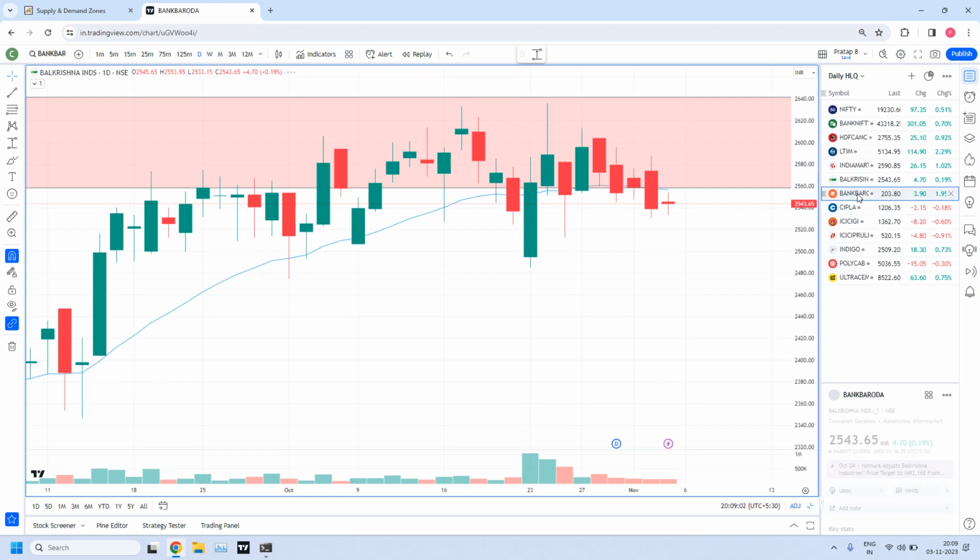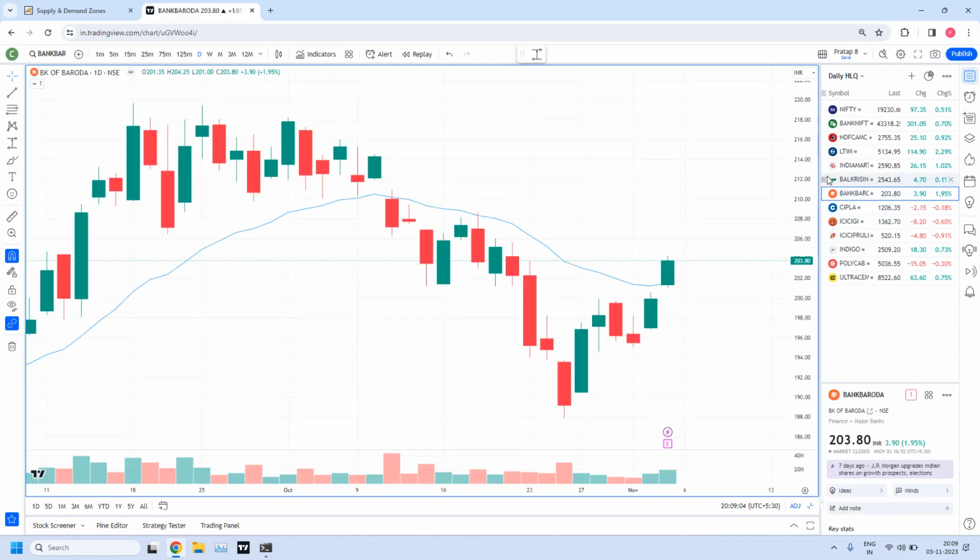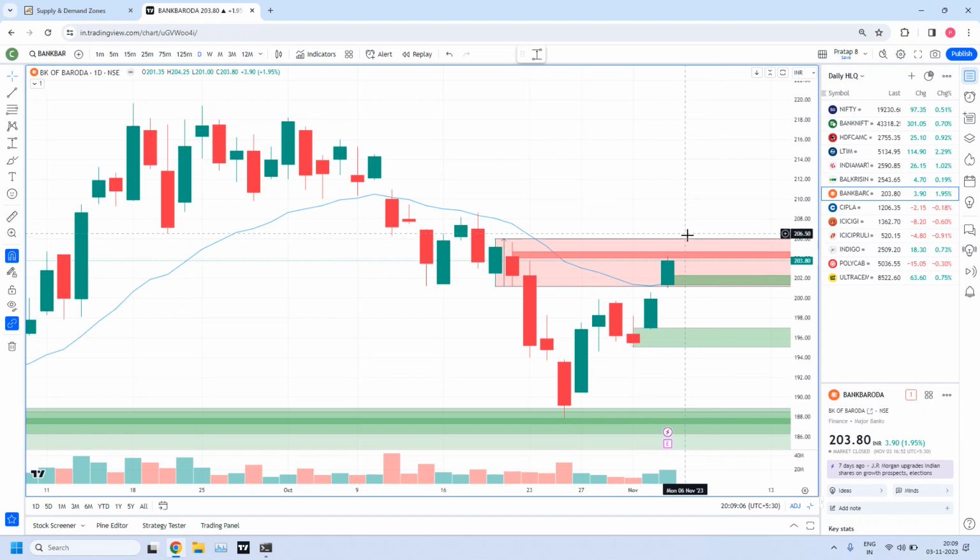Next one is Bank of Baroda. We got a short trade here, and I will get into this stock after completing the remaining things, because we have a very good learning here, and that is the main discussion for today's topic. So you are going to learn some interesting points.